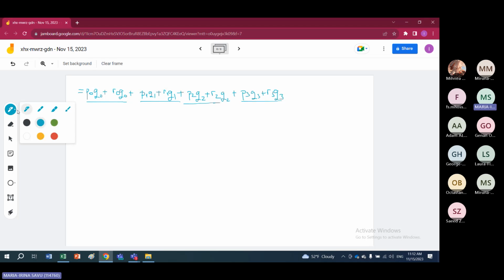Okay, and now I will try it again, but I circle the terms that will be grouped. I have to group this one and this one, oh sorry, not this one. I missed a term.